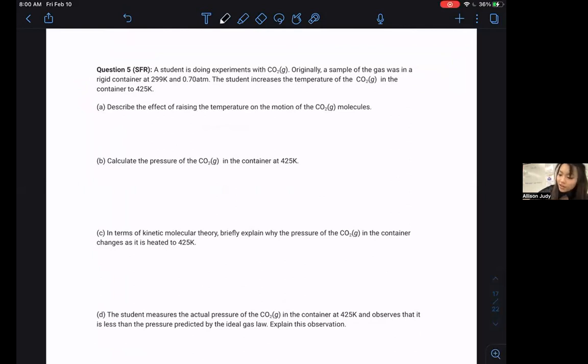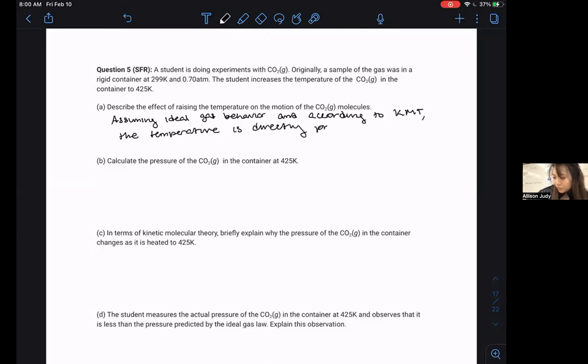So we know that from the kinetic molecular theory, assuming ideal gas behavior, and according to kinetic molecular theory, you would probably want to write that out in your FRQ, but I'm just going to save some time. The temperature is directly proportional to the kinetic energy of a gas sample.